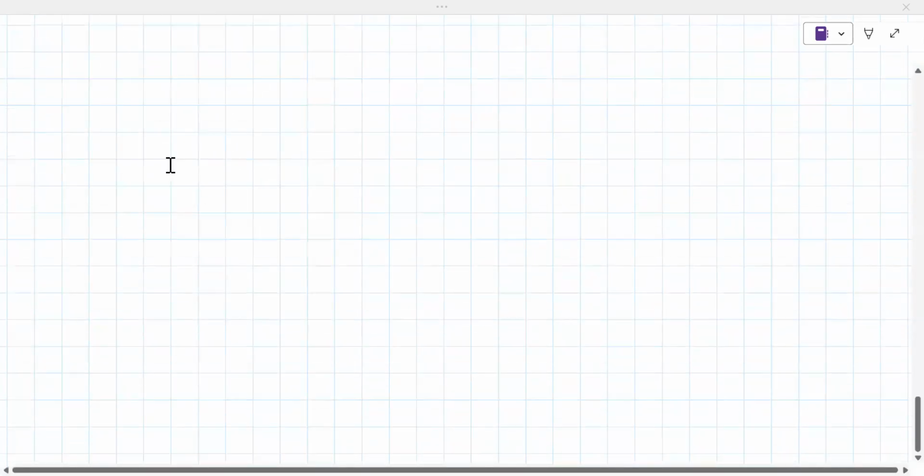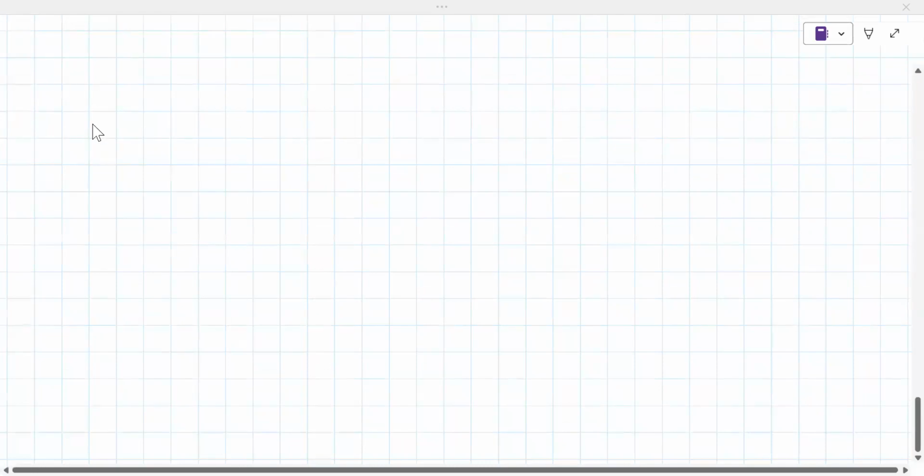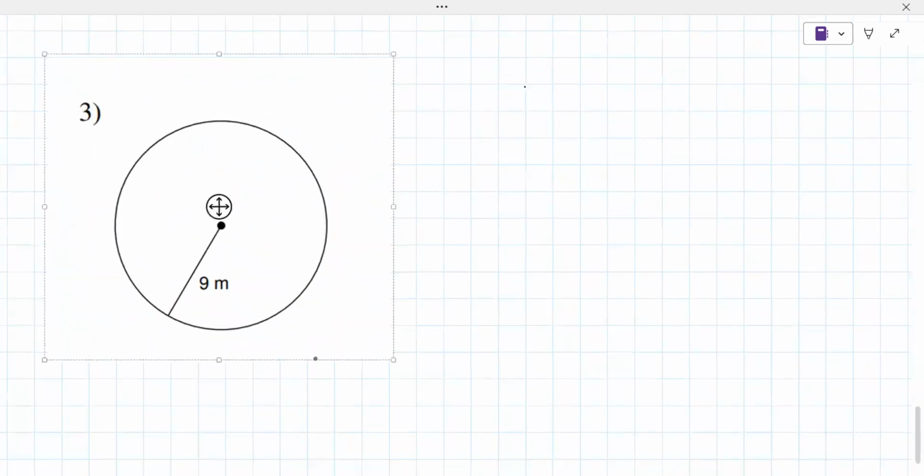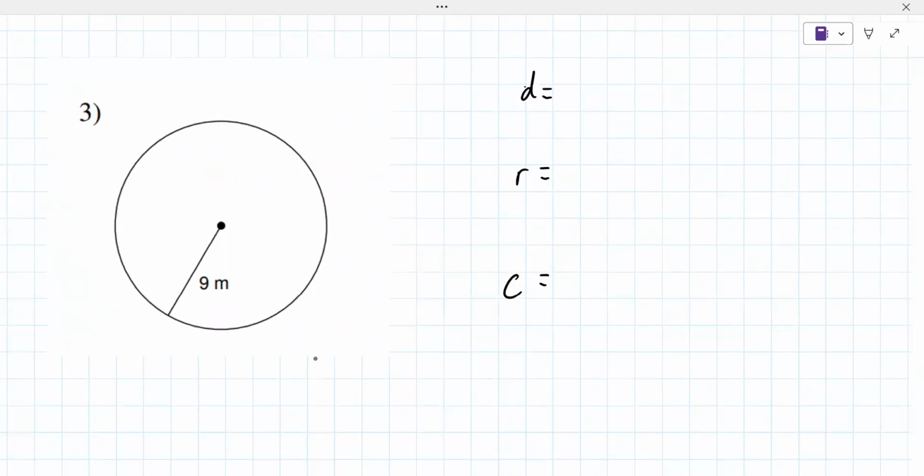So let's do another one here. I'll ask you for the same things: determine the diameter, the radius, and the circumference, please.